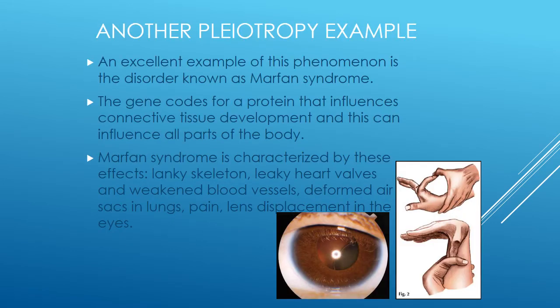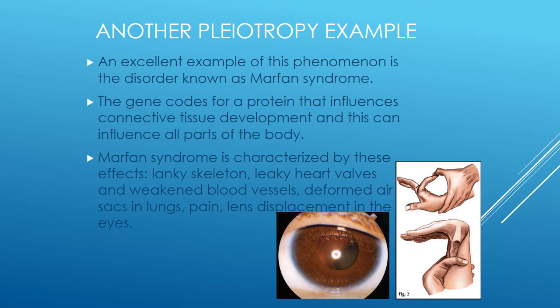Another pleiotropy example is a disorder called Marfan Syndrome. And it's one gene that codes for a protein that influences connective tissue development. And connective tissue is anything that'll be in your joints, like cartilage and stuff. It also influences blood.